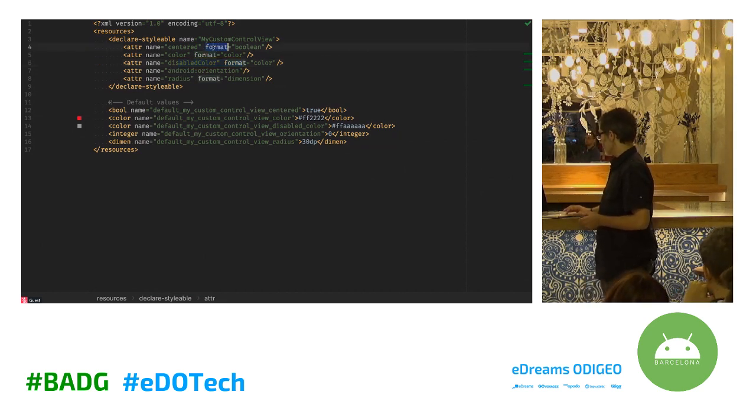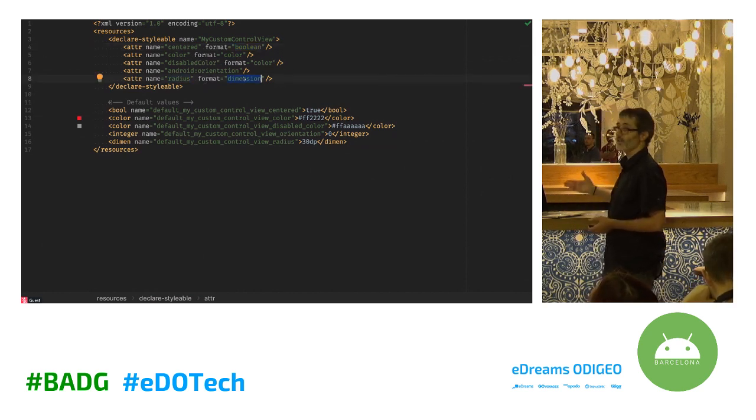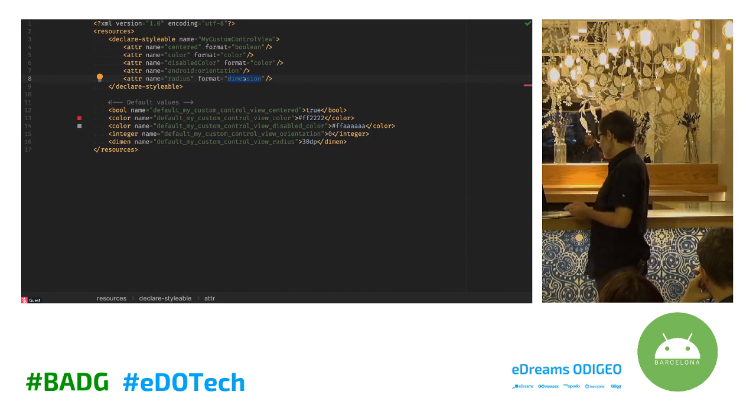Notice that I can set a format. In this case, I'm saying that centered is a Boolean, color is a color, disabled color is a color too, and radius is a dimension. This one is nice because with this, for example, I can set a dimension with the units I choose, and it will get converted automatically. And here I have the default values.